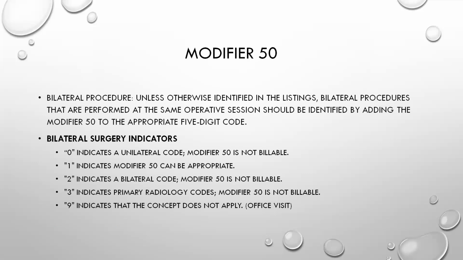A number 3 indicates that it's also not billable because it's a radiology service. The number 9 simply means that the concept does not apply. So those are really important takeaways to remember when you're billing this modifier.